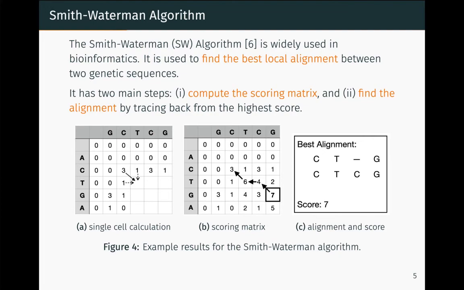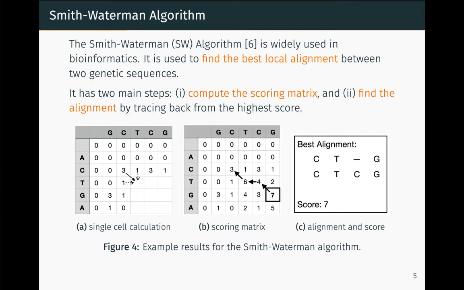For this example, we can see that between these 2 sequences, the one on the top and the one going down on the left, this is the best local alignment. The dash represents a gap, saying something should be here, but it's not, so let's say something would match the C from the other sequence. And it gives us a score of how good this alignment was, or how similar these sequences are.